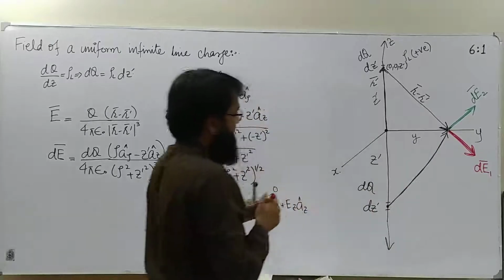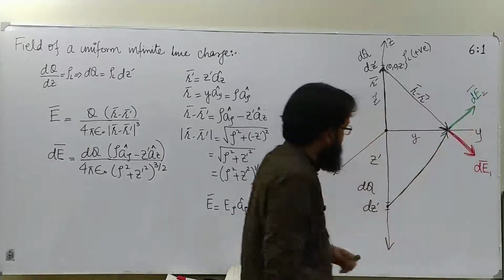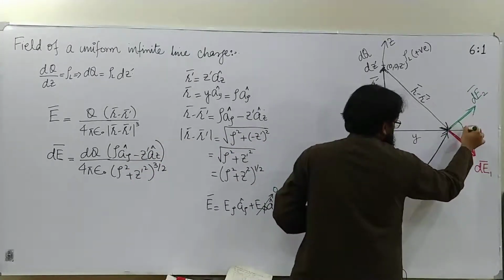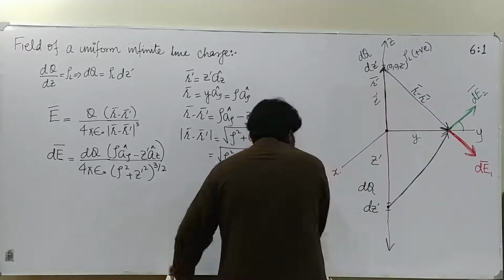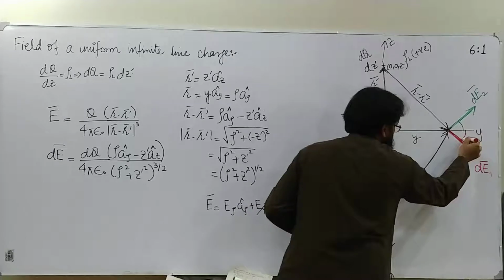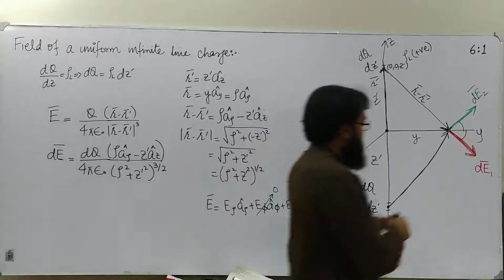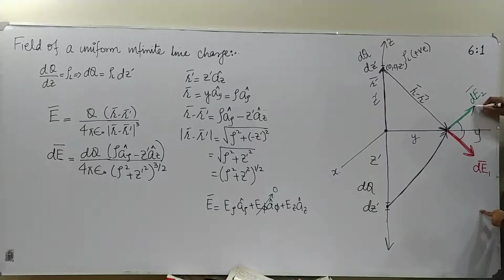But both would have different orientations. Nevertheless, the angle which this green arrow makes with respect to the y-axis would be the same as the angle this red arrow makes with respect to the x-axis. So if I resolve this green arrow into its rectangular components, I will get a vertical component and a horizontal component.